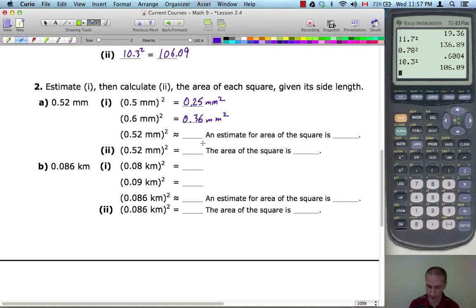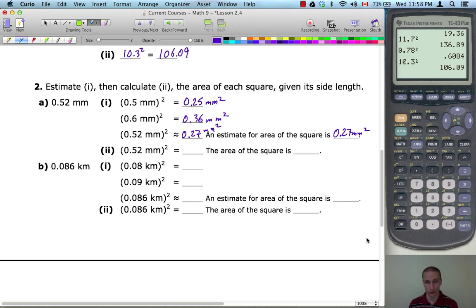So maybe something like 0.27 millimeters squared should be an estimate for the area. This is really just asking you to repeat the same thing. An estimate for the area of the square is 0.27 millimeters squared.